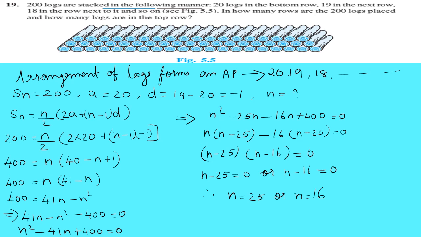Hence, the number of rows is either 25 or 16, and we have to check whether n is 25 or 16.